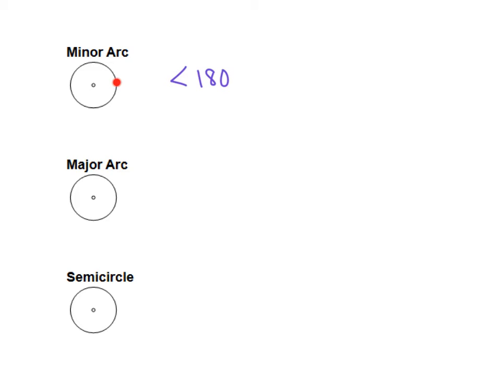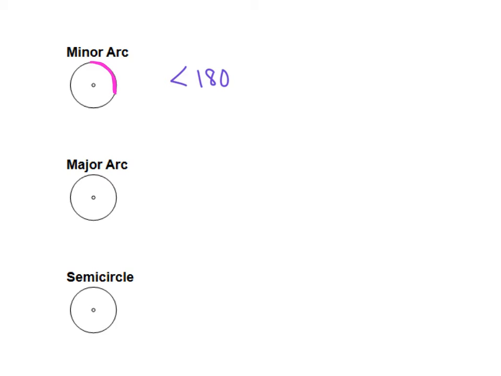If I were to trace along the circle from here all the way around one full time, that's 360. So it makes sense to say from here to here, half of the circle, is 180. So we're talking about an arc that is less than that. It could go maybe like that. That is less than 180.